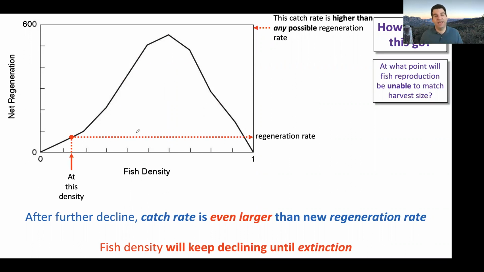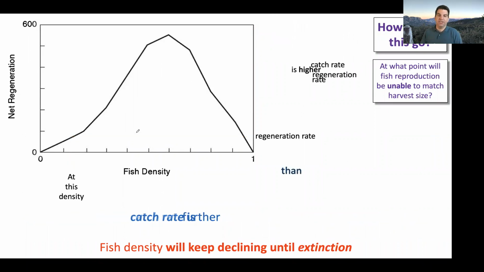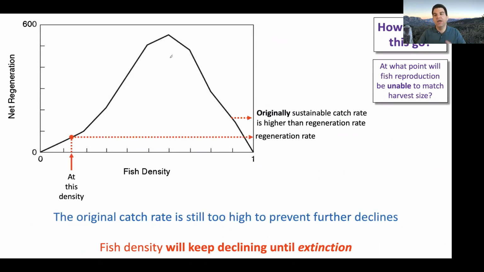Now, it's possible that the industry is going to notice that the catch has declined significantly, and they might respond and say, shoot, we need to save this fishery, and we are going to take our boats out of the fishery and go back to the level of boats that used to be sustainable. So remember, when I started this process, this level of harvest that corresponded to some level of boats was sustainable.